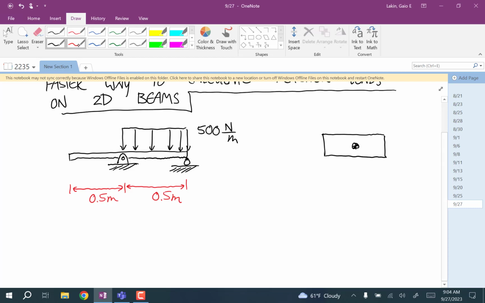We don't care about anything except the x position, because you can move that force along its line of action. And then the area of that shape: we have a length of 0.5 meters and a height of 500 newtons per meter, and so the area is 250 newtons.